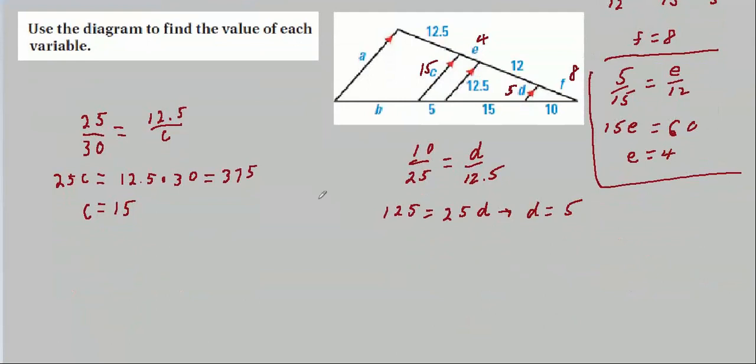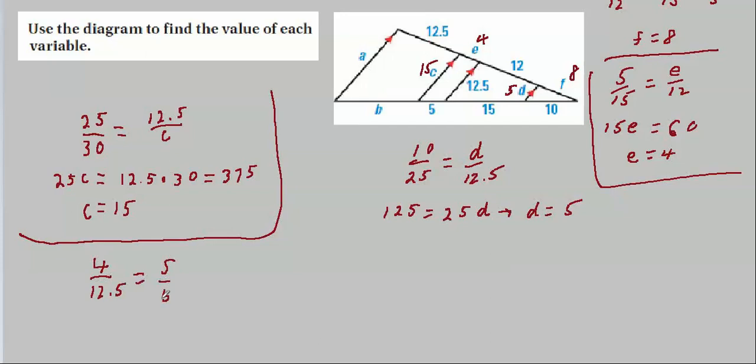Let's section this off here. 4 over 12.5 equals 5 over B.